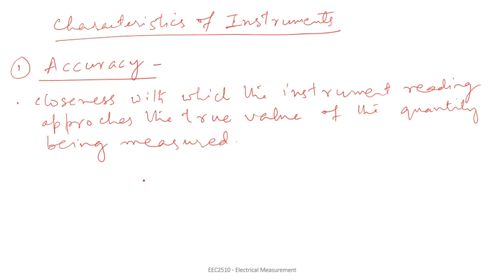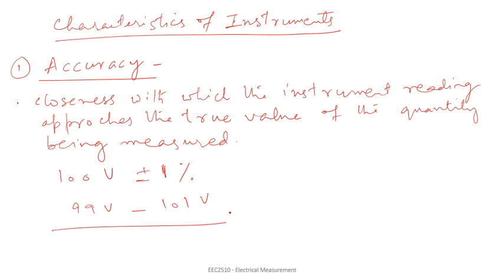Okay, let us take an example. If there is a voltmeter, and it indicates 100 volt, and it is also given that there is an error of 1% in the instrument. So that means that if this voltmeter gives you the value of 100 volt, and at the same time it is having an error of plus minus 1%, then the measured value can be supposed to be somewhere between 99 volt and 101 volt.